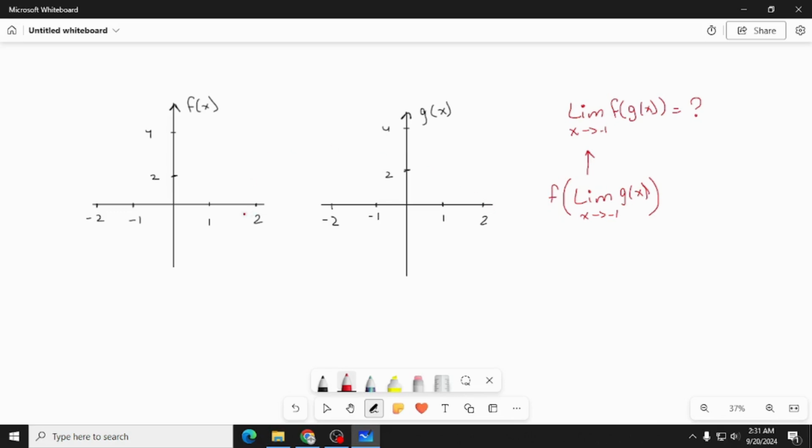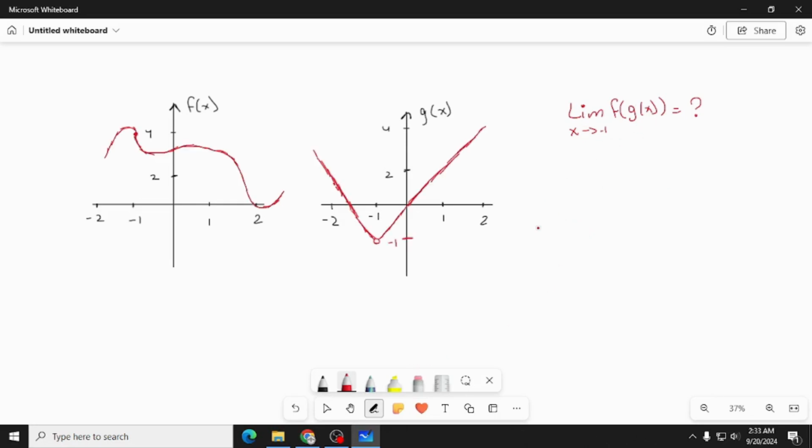So let's plot some graphs over here and then calculate what this limit is going to be equal to. All right, so we got two different graphs. First is f of x, and then we got another graph of y equals g of x. Now we need to figure out what this limit is going to be equal to.